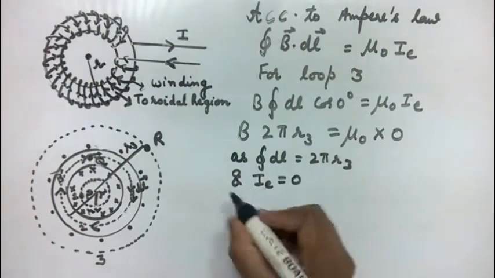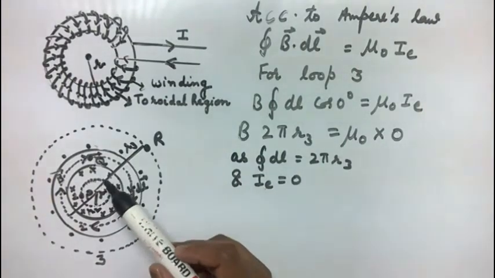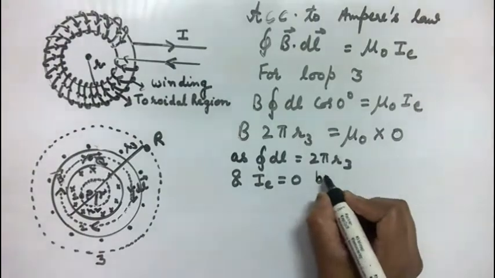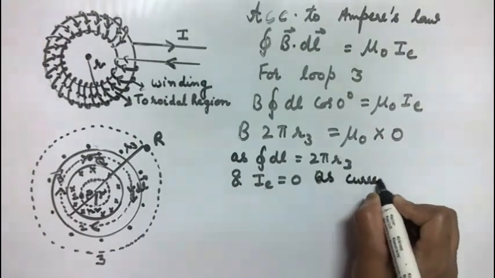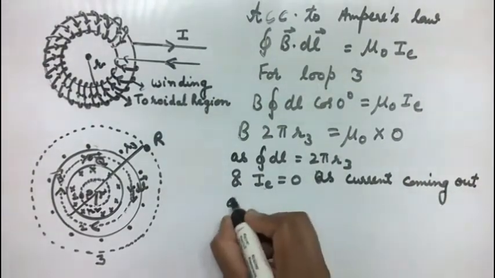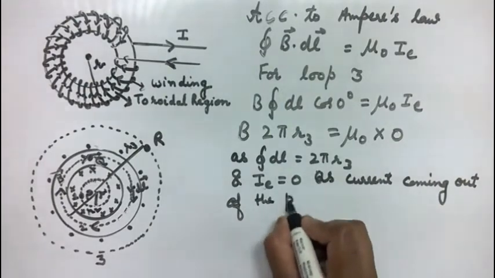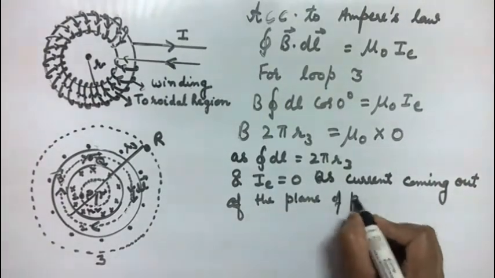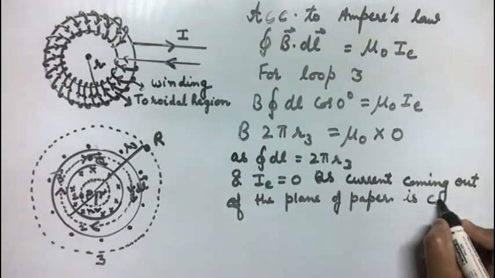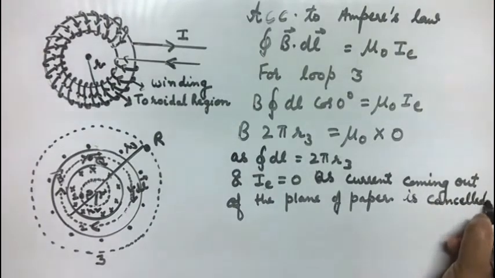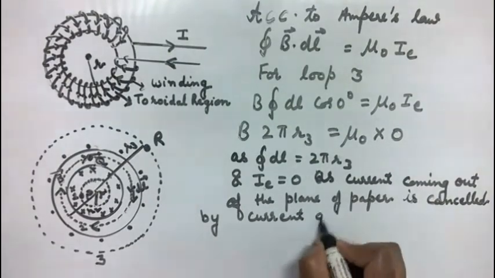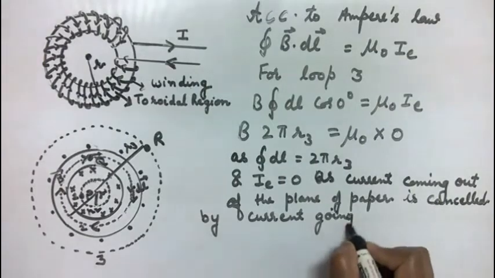I enclosed is 0 because the current which is coming out of the plane of paper is exactly cancelled by the current going into the plane of paper.